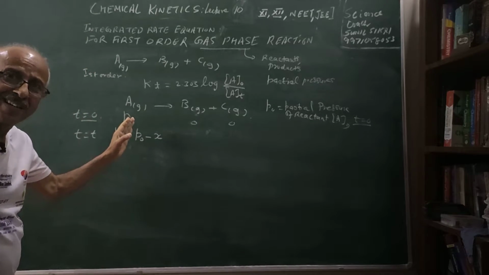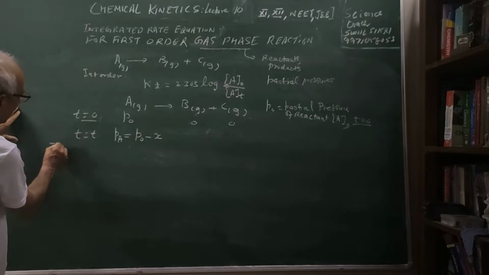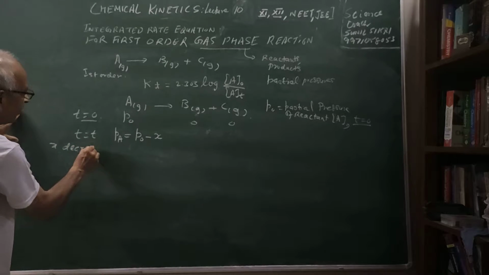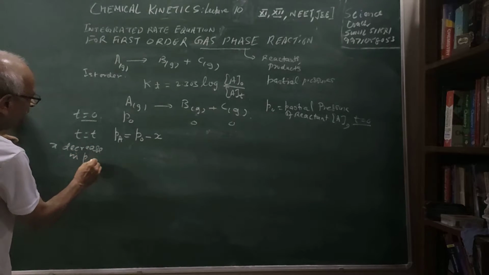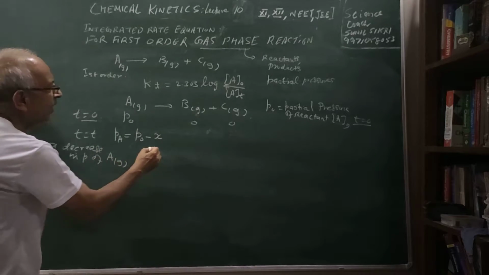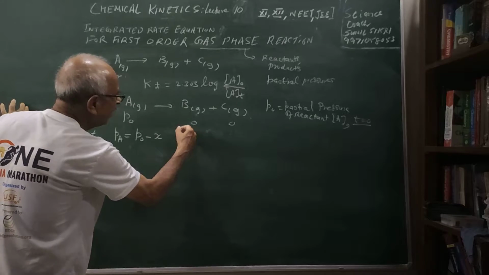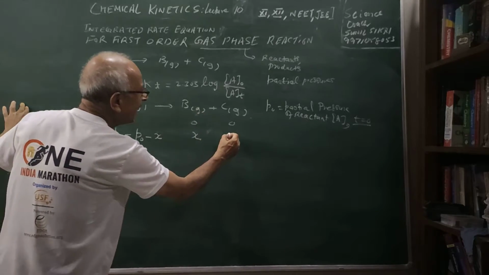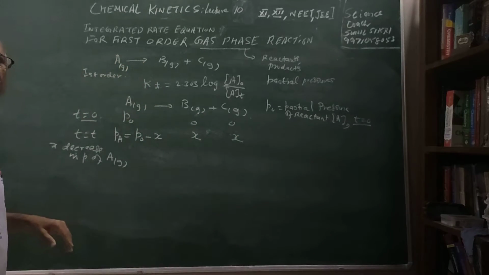If X is the decrease in pressure of A gas, then there will be X amount of B gas and X amount of C gas formed.